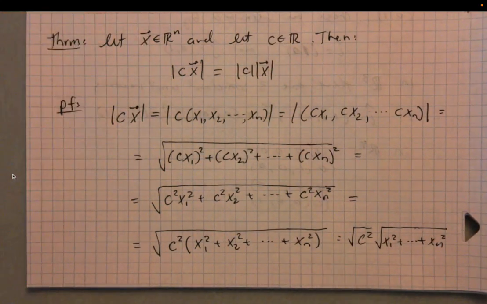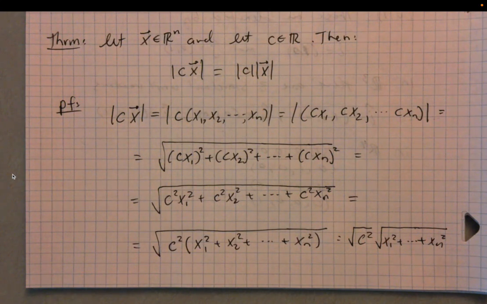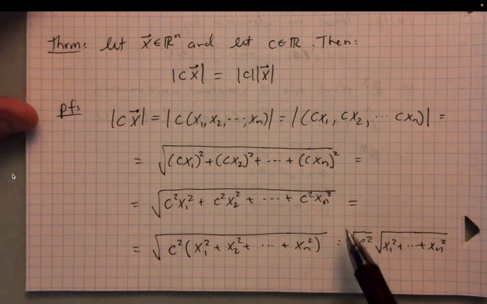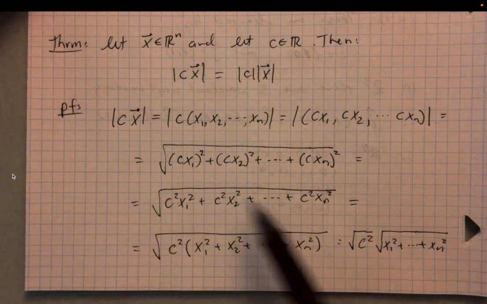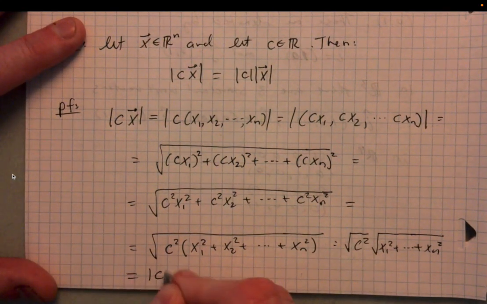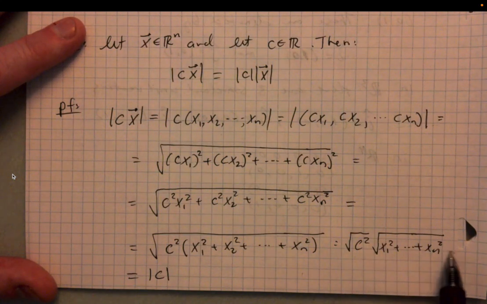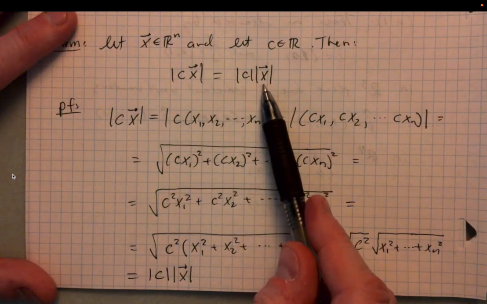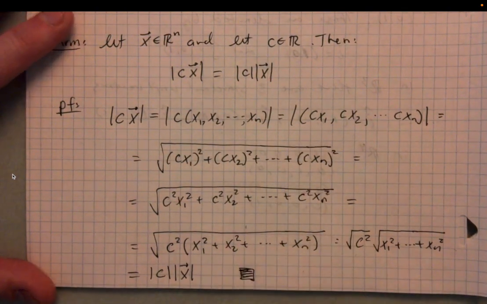If I start with a negative c and square it, it becomes positive, and taking the square root keeps it positive, so I'm back to the absolute value of c. Squaring and taking the square root is equivalent to taking the absolute value. So this is the absolute value of c times the norm of the vector x, which is exactly what we were trying to get to.